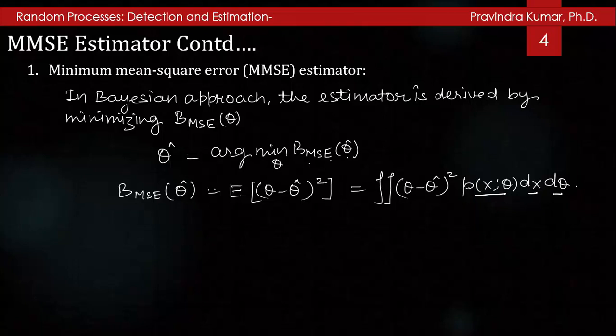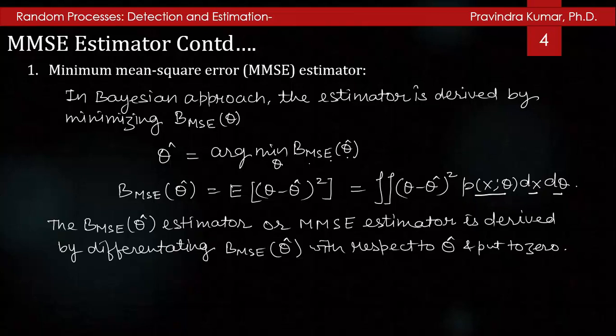It is the Bayesian mean square error, and p(x, theta) is the joint PDF of x and theta. You can see that the squared error, theta minus theta cap whole square, is identical in both Bayesian and classical MSE. The BMSE estimator, or minimum mean square estimator, is derived by differentiating the expression of this BMSE with respect to theta cap and setting it to 0.